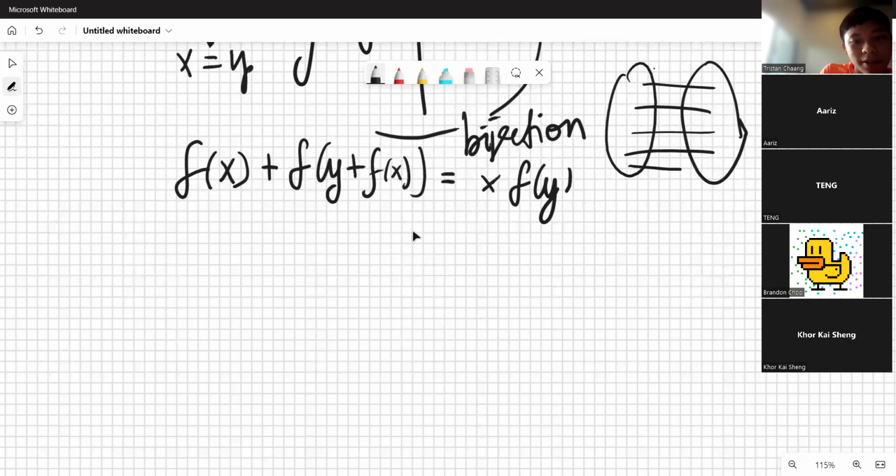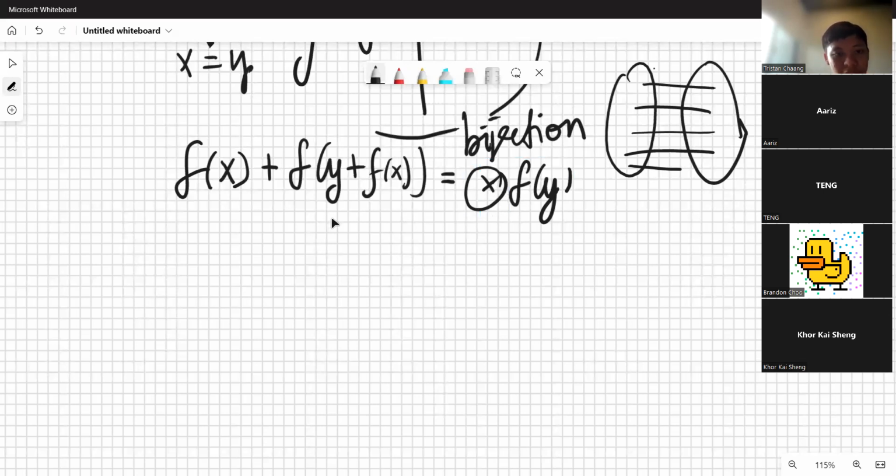So first of all, this is a very important thing. There is an isolated x here. The x here is not inside any function. If you look at everywhere else, the free variables are inside the input of the function, but this x here is kind of isolated, it's outside. So focus on this x.